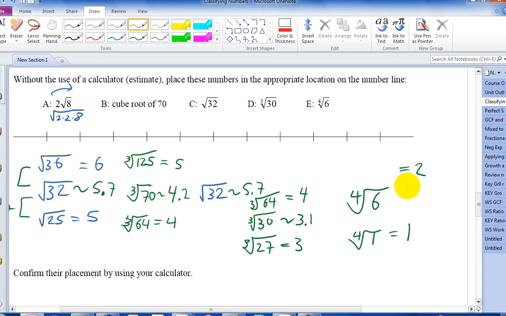Okay. So what's 2 times 2 times 2 times 2? Cody? 2 times 2 is 4, times 2 is 8, times 2 is 16. Good.